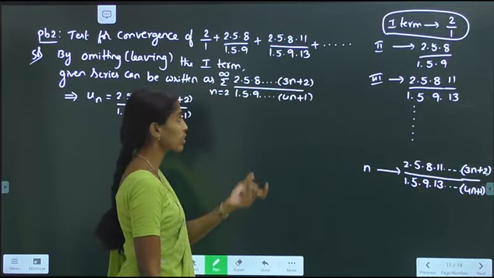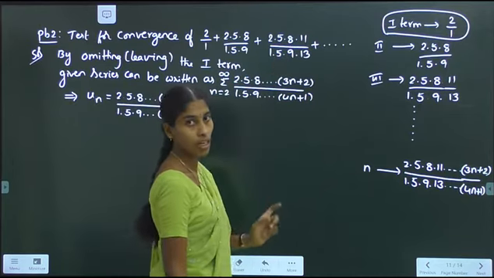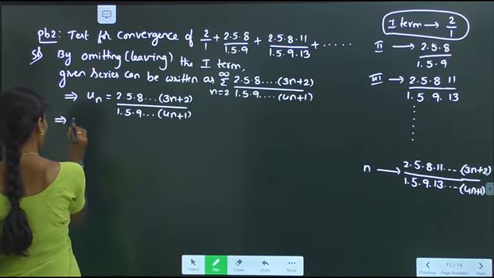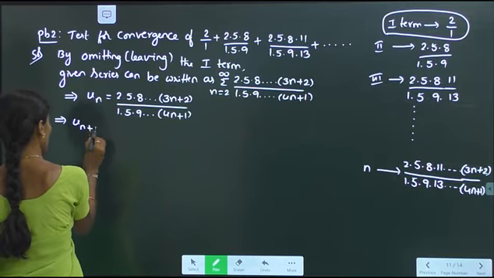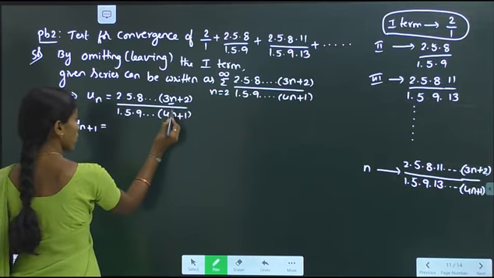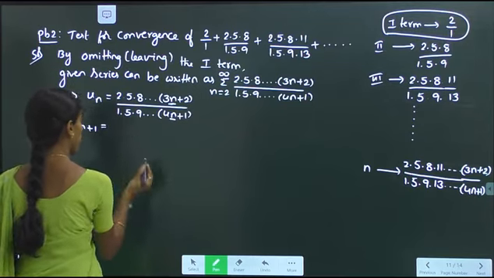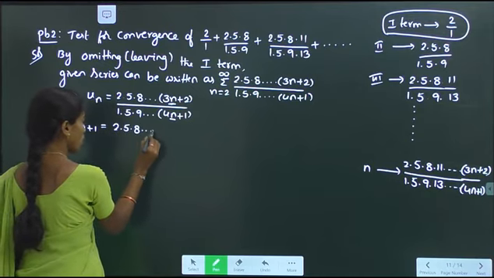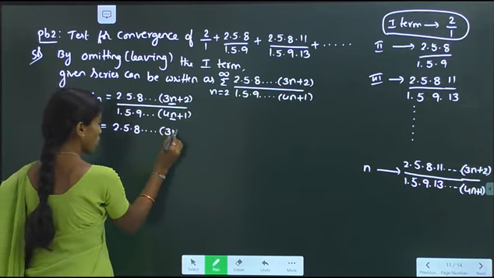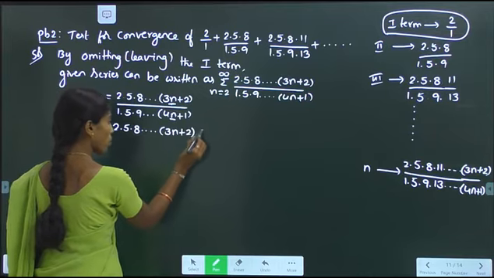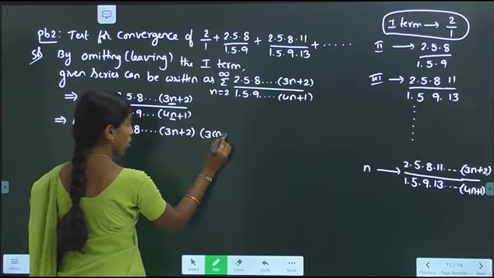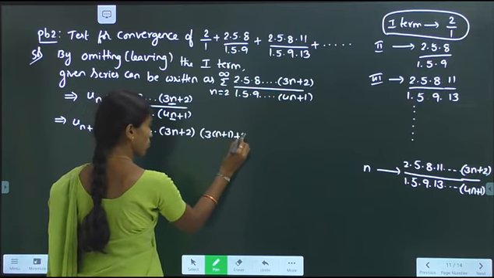How can we add that term? 8 plus 3, right? 11. So like that, to write un plus 1th term, put n is equal to n plus 1 here. So it becomes 2, 5, 8 and so on up to 3n plus 2.